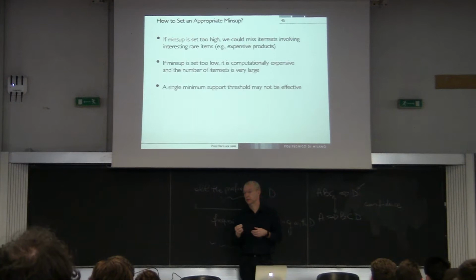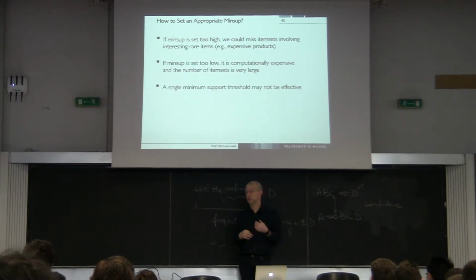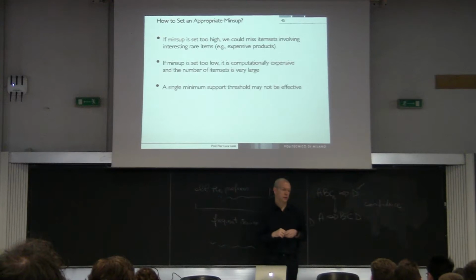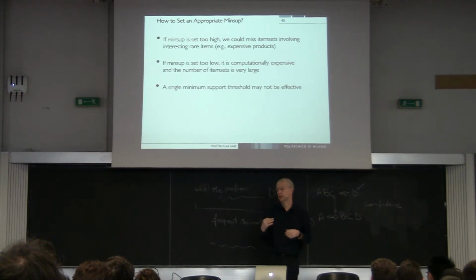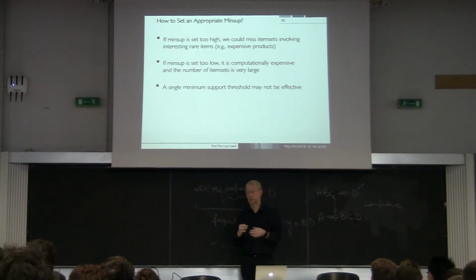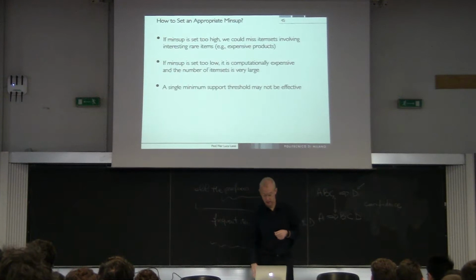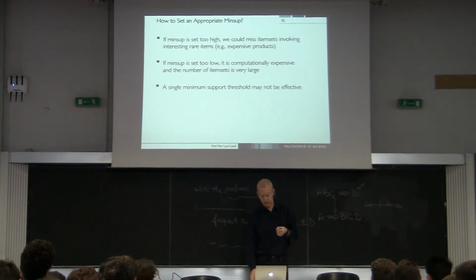For instance, at Politecnico, if I say a min support of 0.1%, I basically take everybody, because 0.1% of the computer science students is maybe less than one student. So it's really, really low. If I set the min support too low, it's basically a brute force approach.